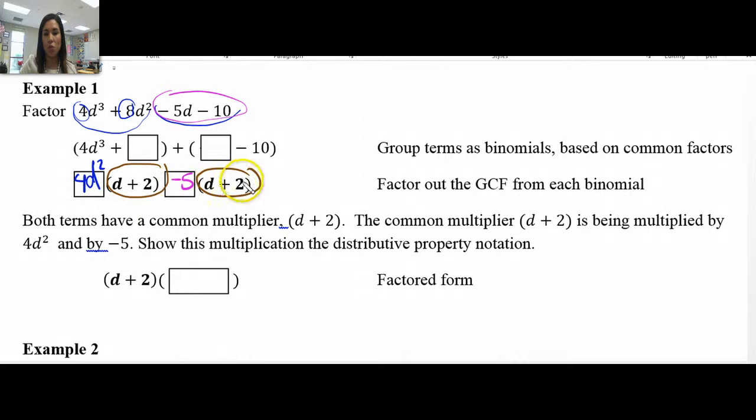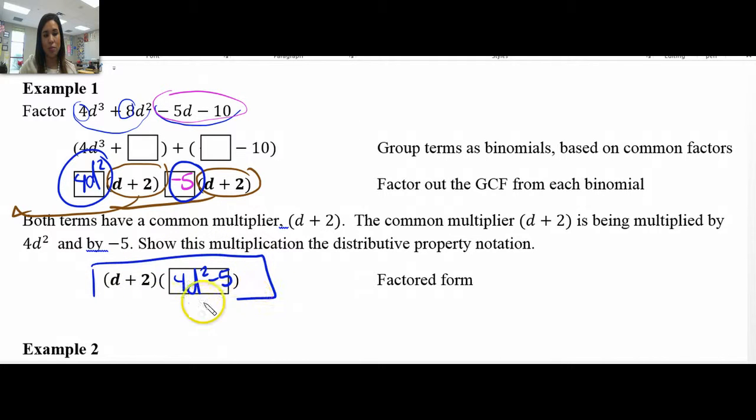So here we have d plus 2, which is the same. So now I can take out this d plus 2. My factor is d plus 2. What is left over? I'm left with 4d squared and minus 5. So I have 4d squared minus 5. And this is my completely factored form.